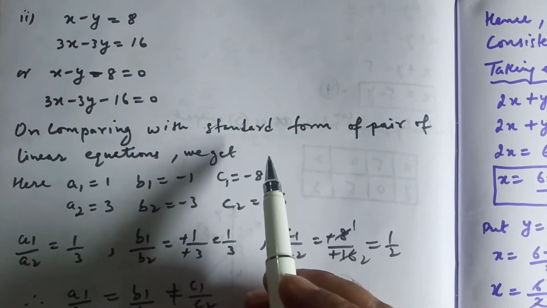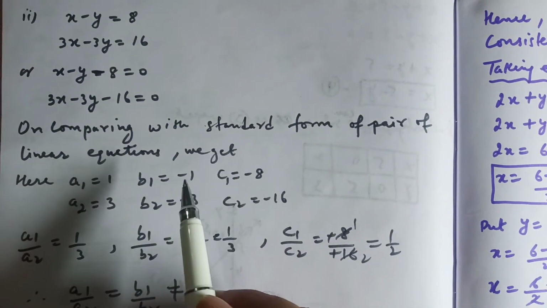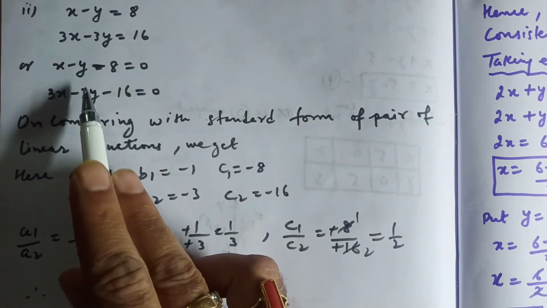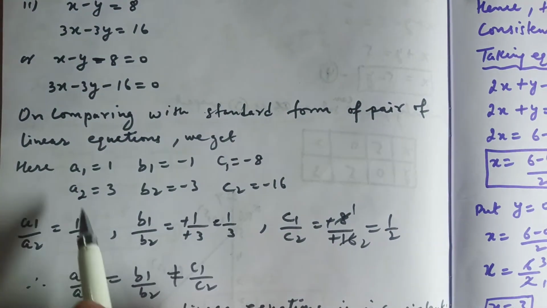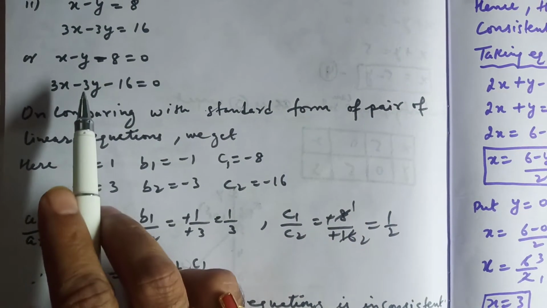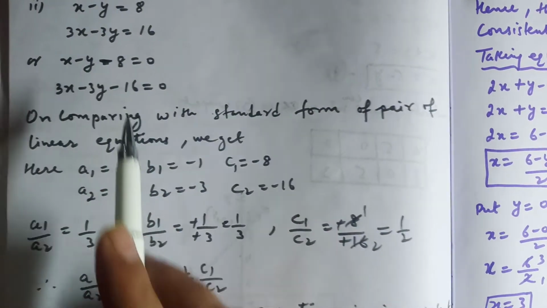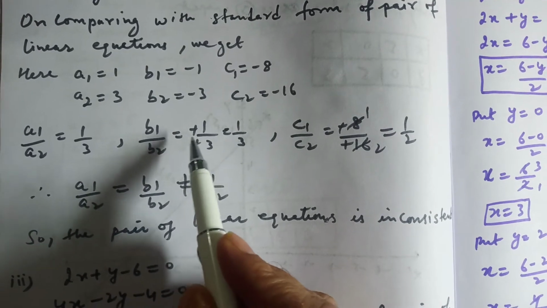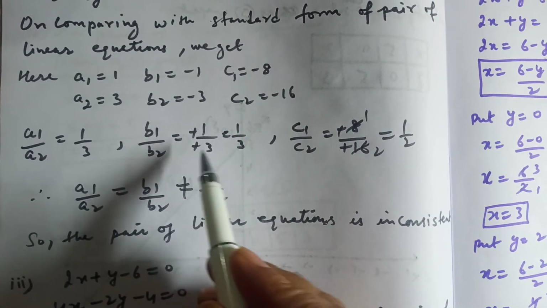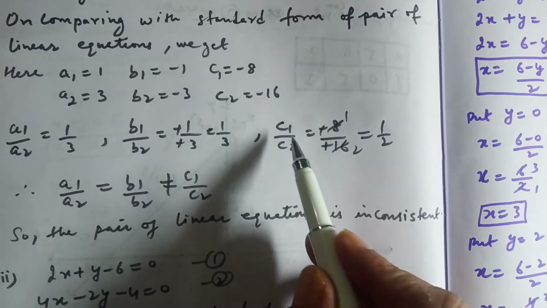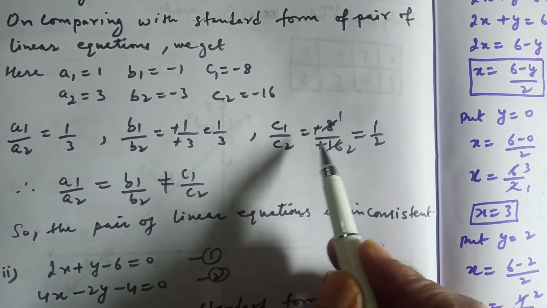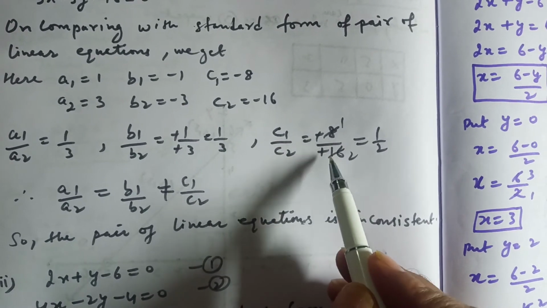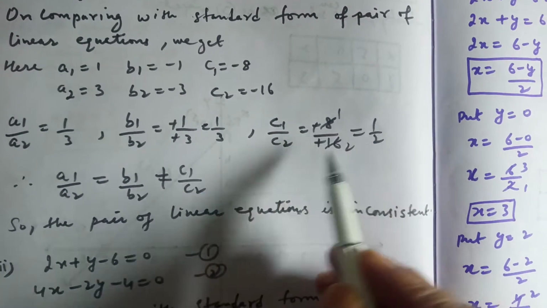On comparing with the standard form of a pair of linear equations, we get a1 equal to 1, b1 equal to minus 1, c1 equal to minus 8, a2 equal to 3, b2 equal to minus 3, c2 equal to minus 16. a1 upon a2 equal to 1 by 3, b1 upon b2 equal to minus 1 upon minus 3, equal to 1 by 3, and c1 upon c2 equal to minus 8 upon minus 16 equal to 1 by 2.